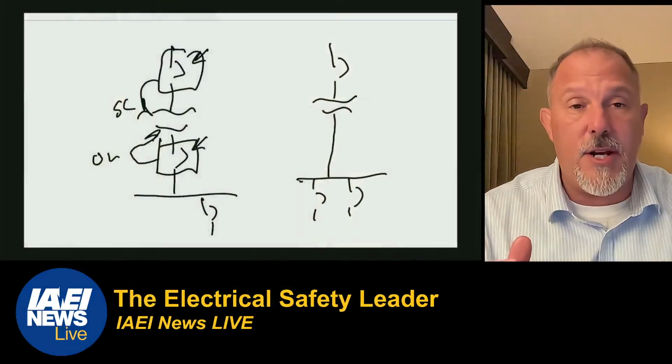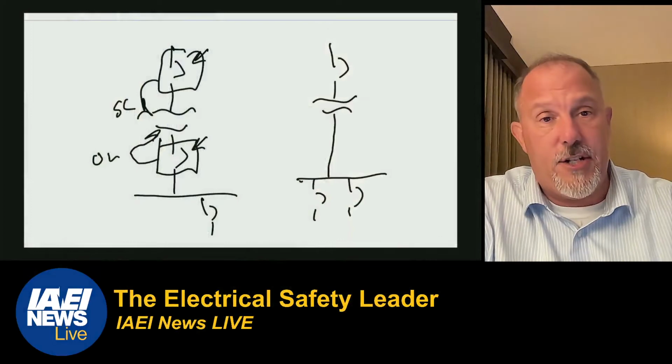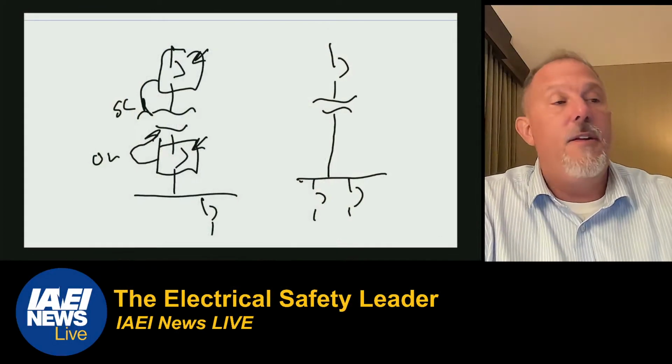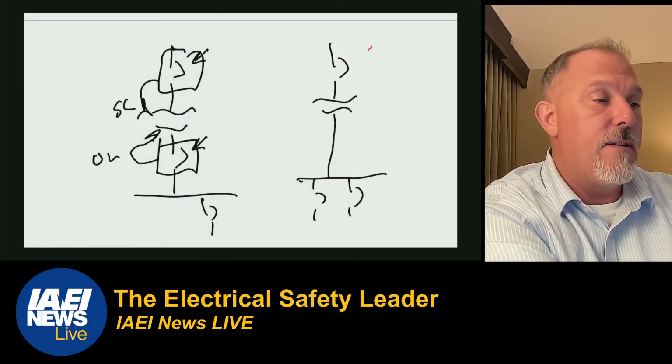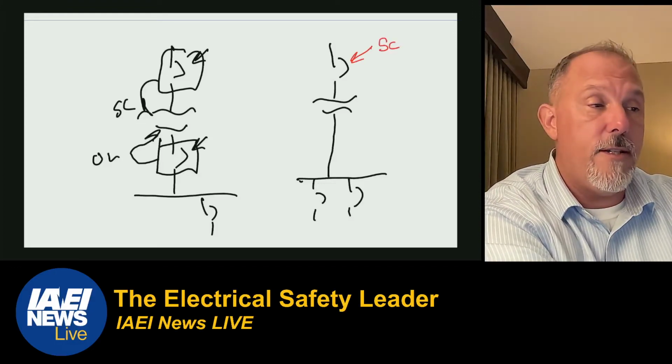So when I think about the two examples that we talked about with the primary only overcurrent protection, this primary device is doing all the work for short circuit and overload.